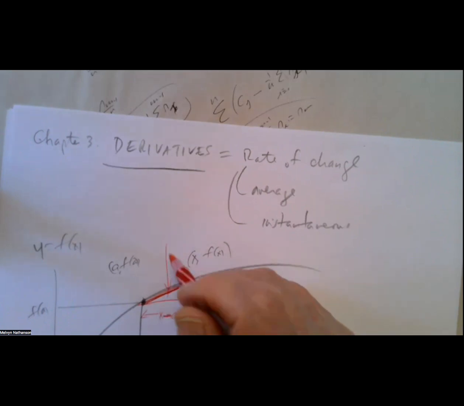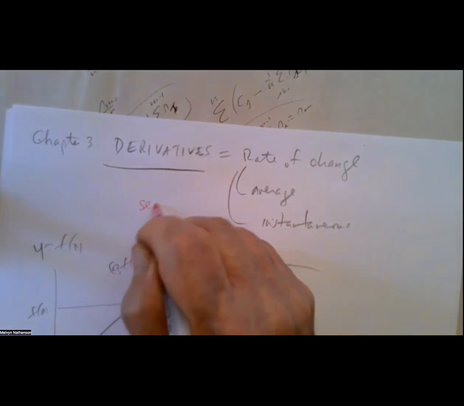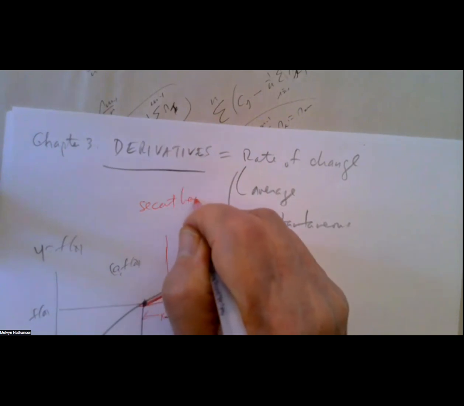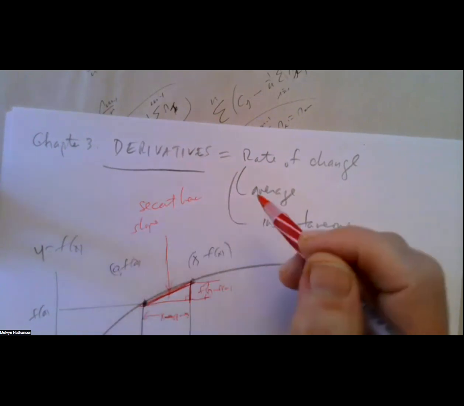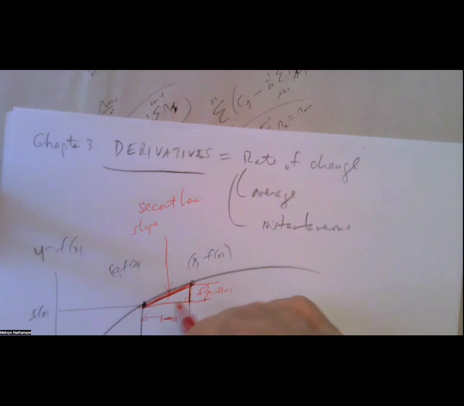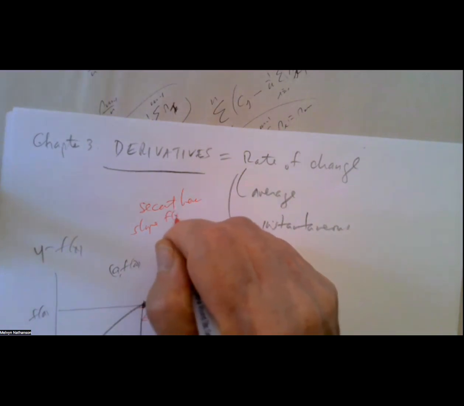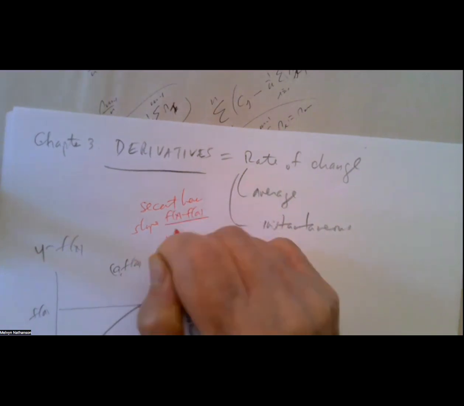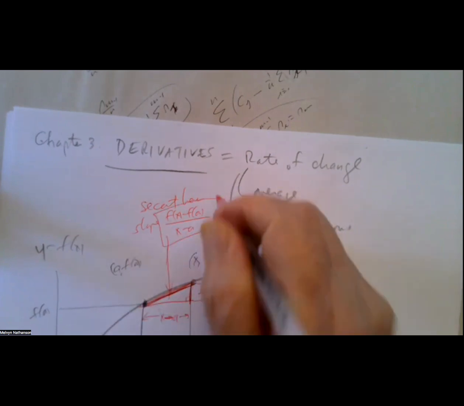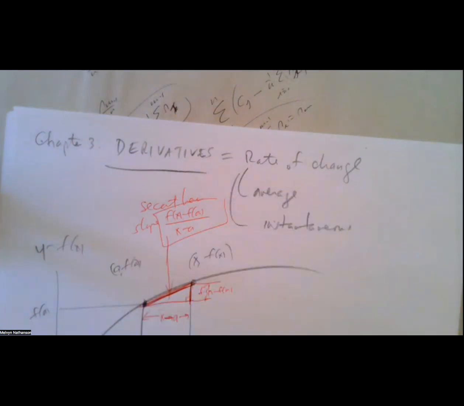And for this secant line, the secant has slope rise over run, f of x minus f of a over x minus a. So we can think of that as a kind of rate of change of the function as you move from a to x.